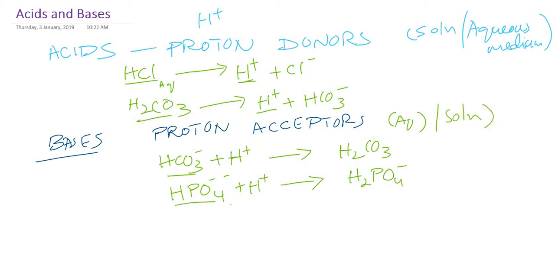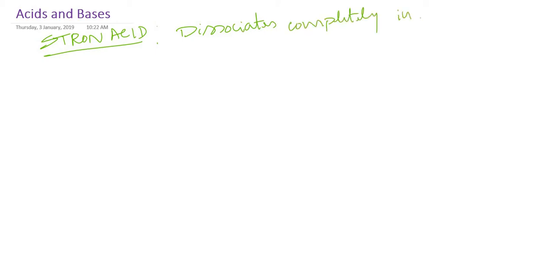There is another term called strong acid and weak acid. What is the meaning of that? Strong acids dissociate completely in solution or in aqueous medium. Let me write an example with the same hydrochloric acid.